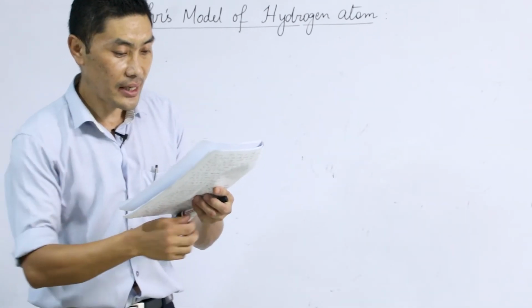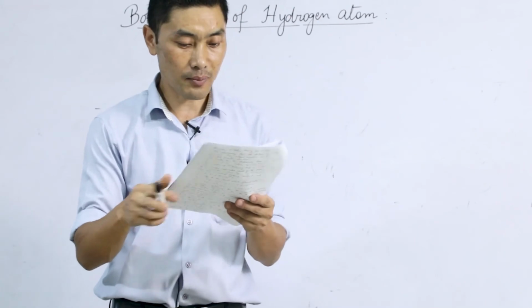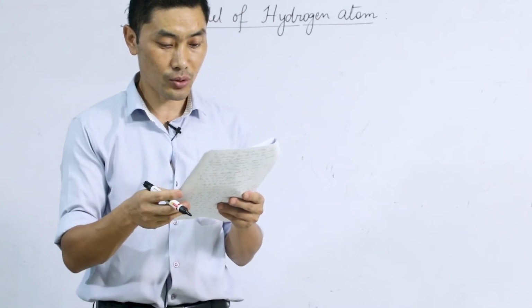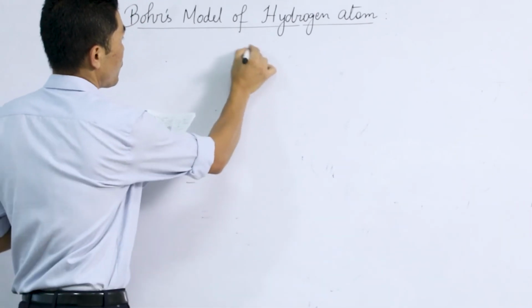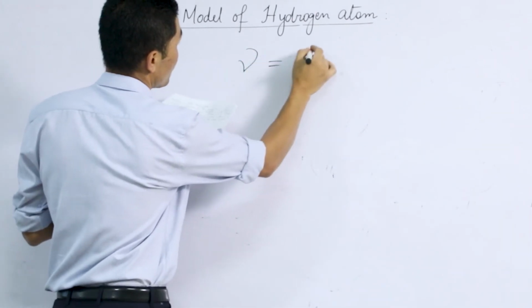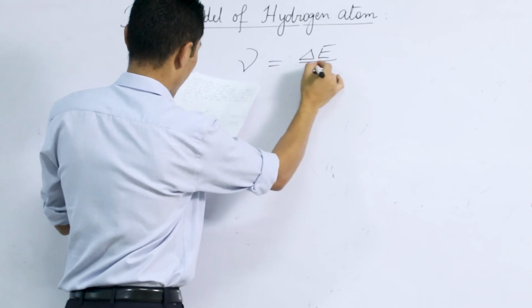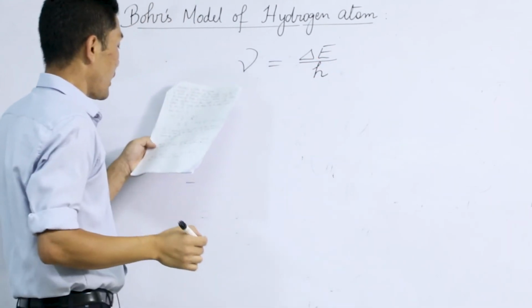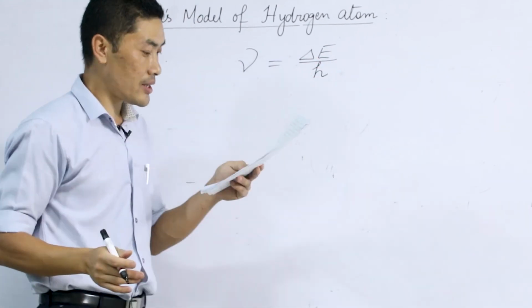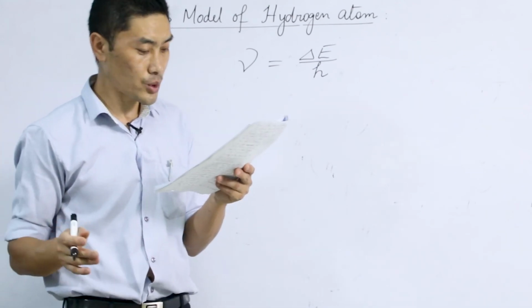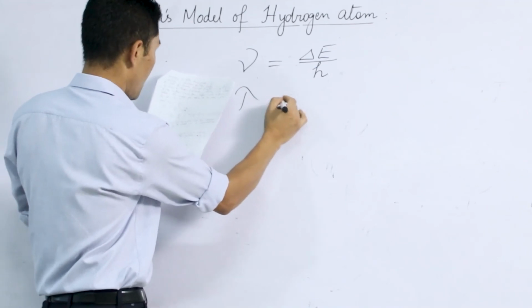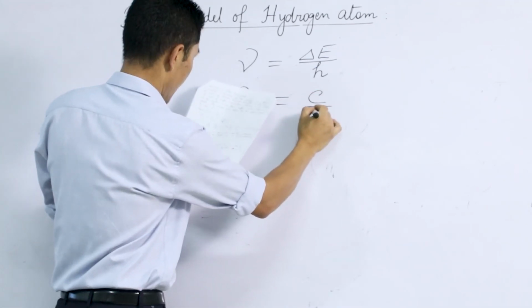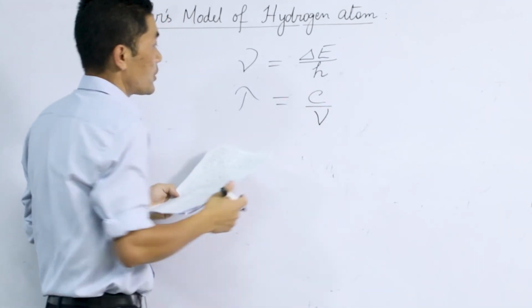Now the frequency associated with absorption and emission of a photon can be evaluated by using the equation nu, which stands for the frequency, equal to delta E by h. Also, frequency, wavelength and velocity of light are related by the equation lambda equal to c by nu.